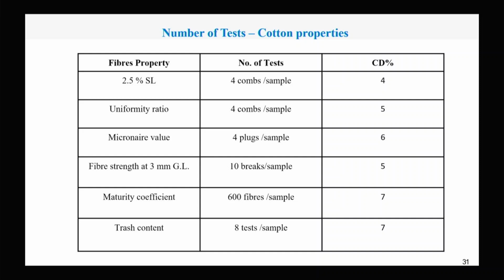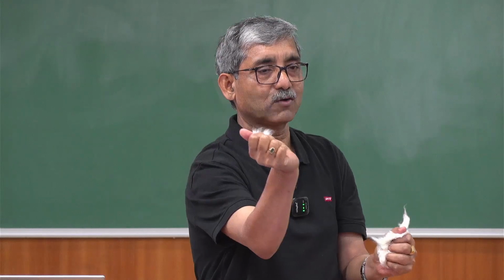Here, for HVI testing, the high volume instrument or fibrogram, the 2.5% span length, you have to take 4 combs, 4 specimens. As I have told, the specimen taken from the fringe is called one comb.